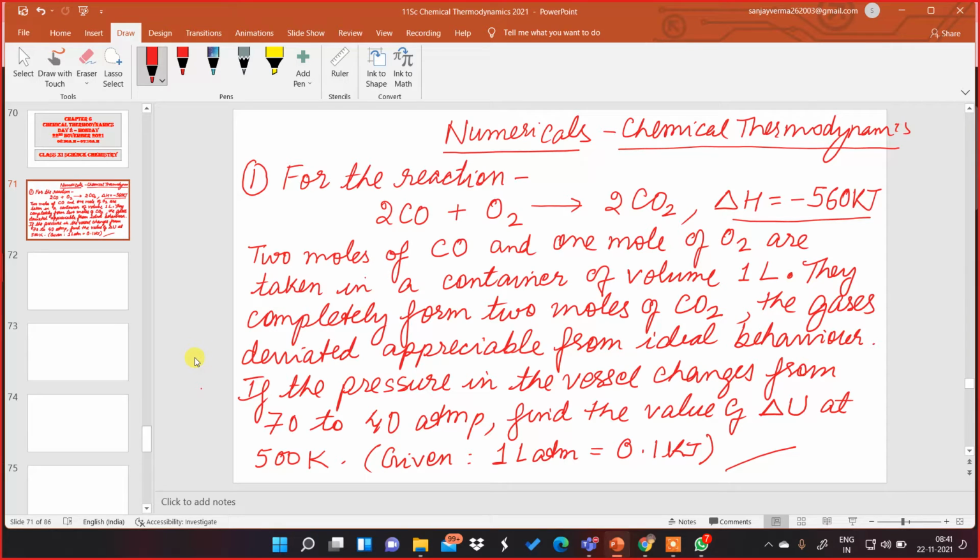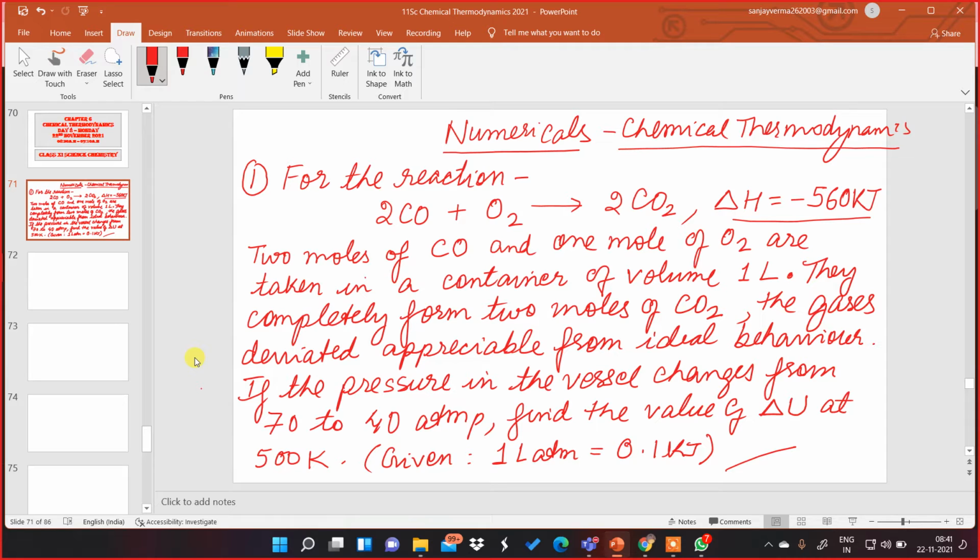If you don't copy the question, then you might not understand the working. So it is very important that you copy the question. I am waiting for some time for you all to copy the question. This is a reaction, complete combustion of carbon monoxide to produce carbon dioxide.